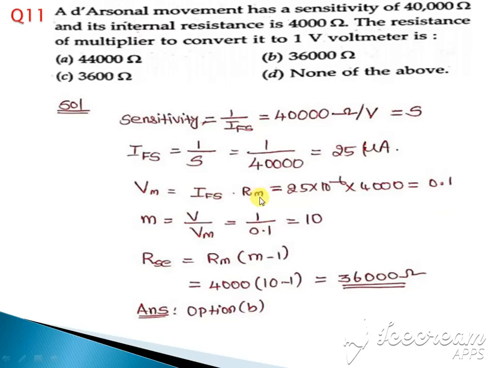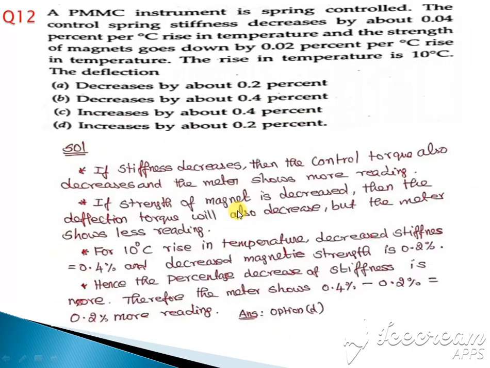Multiplying these two we get 0.1 volt. So m is equal to 1 divided by 0.1 is equal to 10. Rs is equal to Rm into m minus 1. Solving this we get 36,000 ohm. The answer is option B.